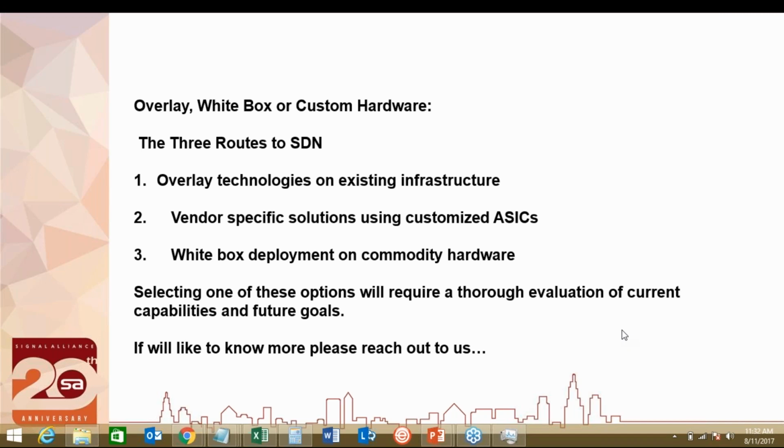SDN will allow us to really enjoy being in an era where we are making everything smart, where our network can be virtualized.